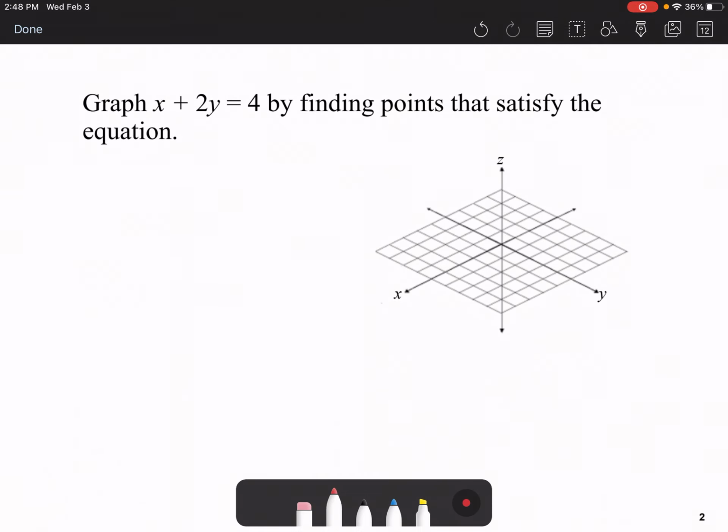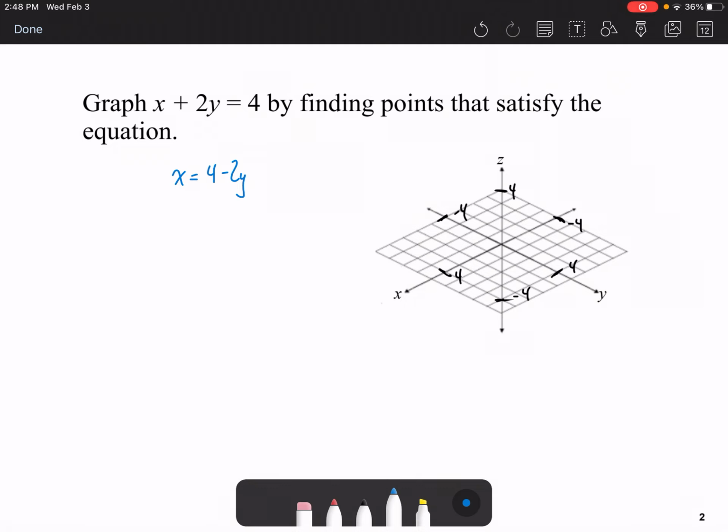So let's take a look at a different one. Again, I'm going to label my axis before I continue. Okay, so now to draw the plane given by x plus 2y equals 4, I'm going to rewrite this as x equals 4 minus 2y to begin with.